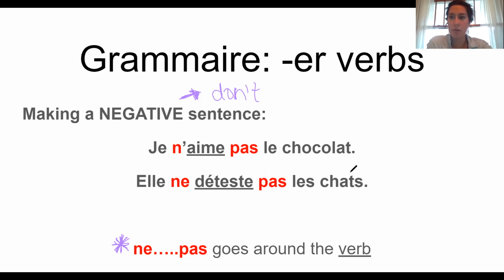Okay, so you can go ahead and copy these down, but I know that you're going to see a slight difference here between ne and then an apostrophe. You're like, where's the E gone? Why is the N apostrophe? This is the same word right here, ne and pas. The problem in French is we can't have N, N, N. It just doesn't ever happen.